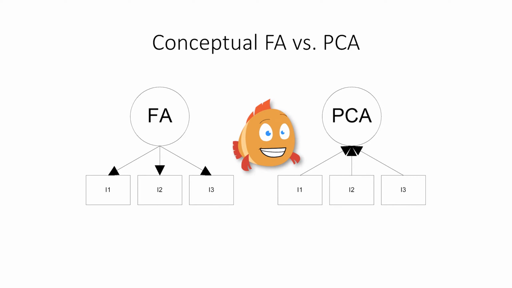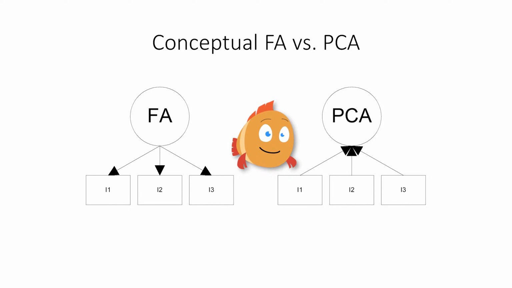It's not like the questions are causing someone to become more conscientious. No. What's happening is someone who is higher on a latent factor of conscientiousness is making different choices and different responses. And we are using those responses and choices to infer what that individual's latent trait is.